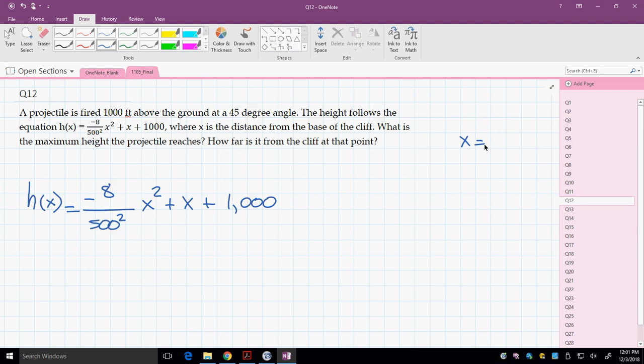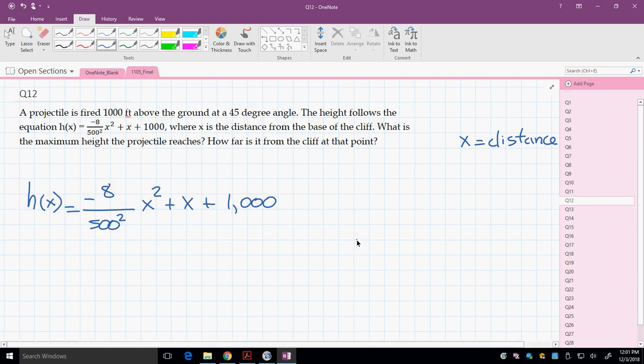So x is equal to our distance on the cliff. What is the maximum height? So we're looking for the maximum height the projectile reaches. How far is it from the cliff at that point?